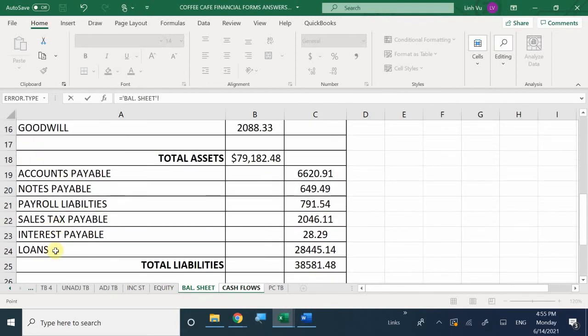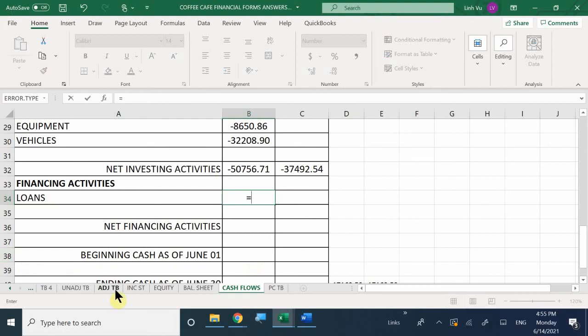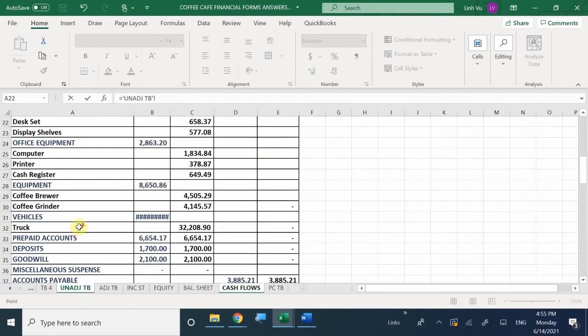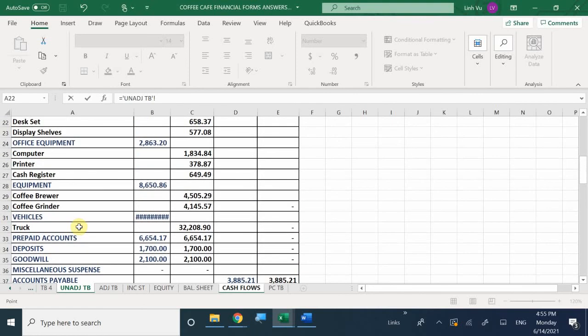So in this case, I did take a loan. Now, how much was my loan for? I have to look at my original amount for my loan. Wasn't it 30,000? Let's see.